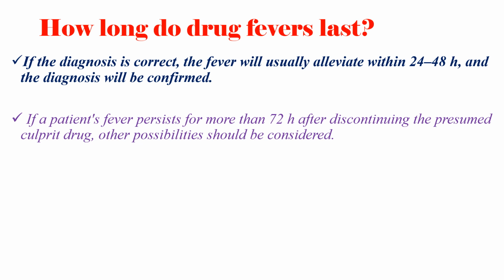If the diagnosis is correct, the fever will usually alleviate within 24 to 48 hours, and the diagnosis will be confirmed. If a patient has a fever which is persistent for more than 72 hours after discontinuing the presumed drug, there are other possibilities that should be considered, including dehydration or uncontrolled sepsis and the like.